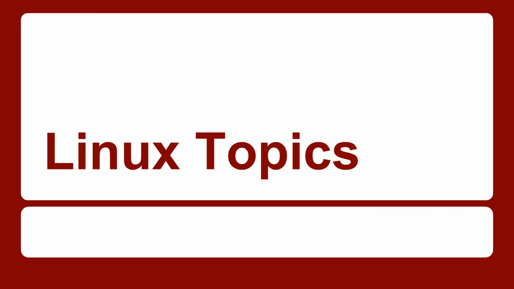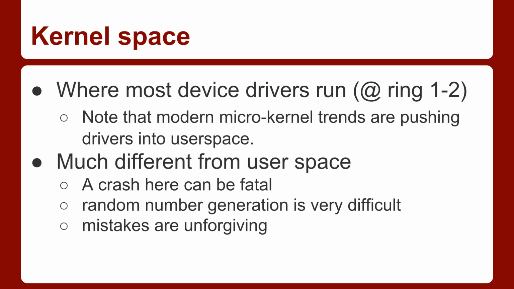In order to understand this all better, we're going to have to understand an architecture, and the topics that are presented in our coverage of Linux generally apply conceptually to other architectures and operating systems. So kernel space is something that's present in Windows, Linux, etc. And it's much different from user space.